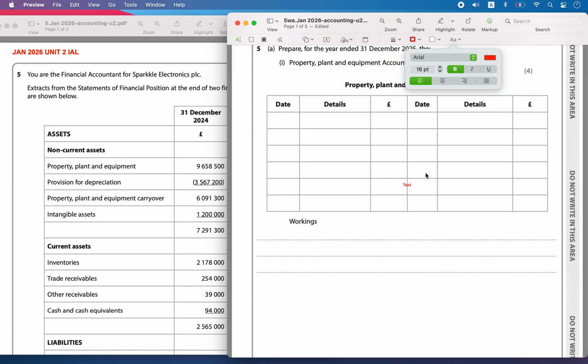So now let's write this. This is the debit side, and this is going to be your credit side.